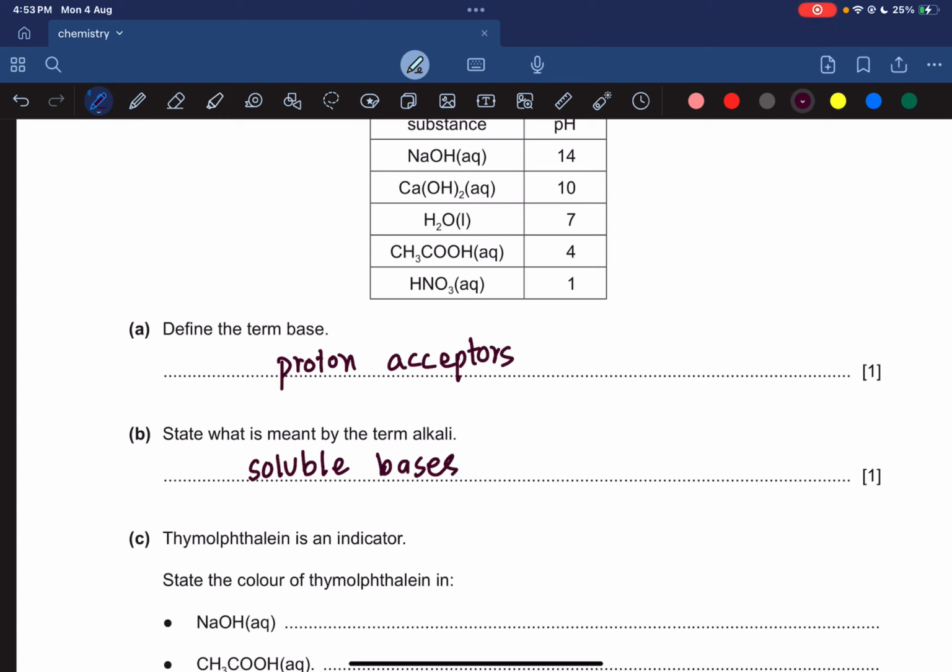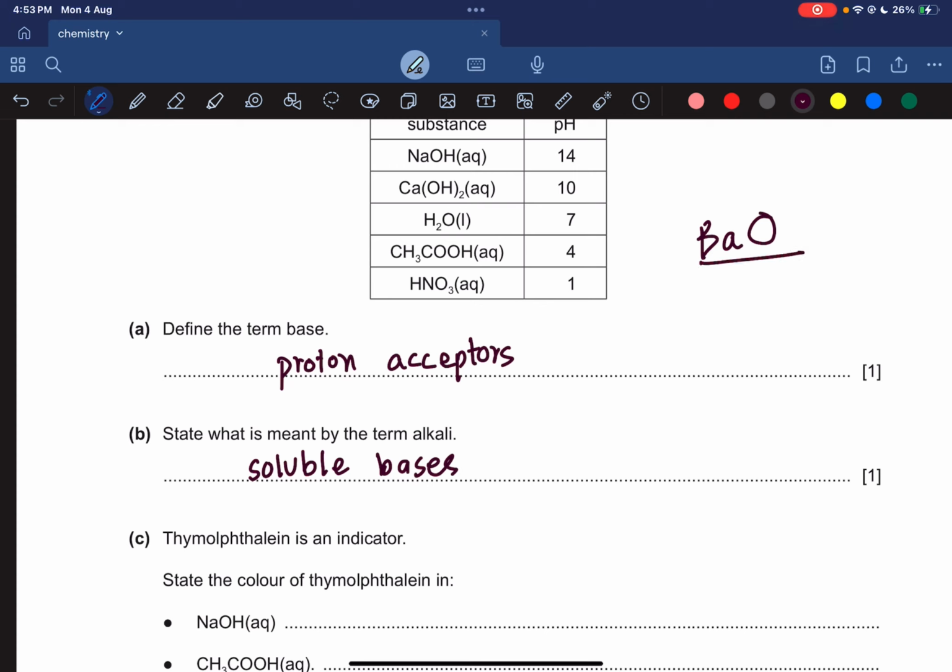For example, your lead oxide, PbO. This is insoluble. No, wait, I cannot take lead oxide because it's an amphoteric oxide. Wait a sec, let me take barium oxide.